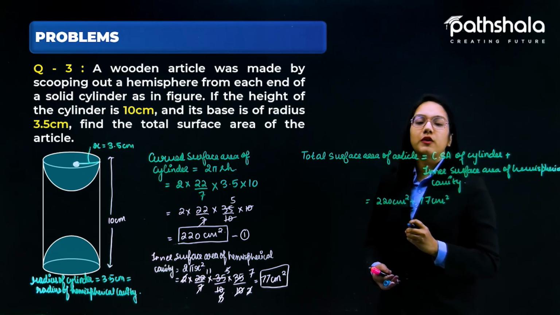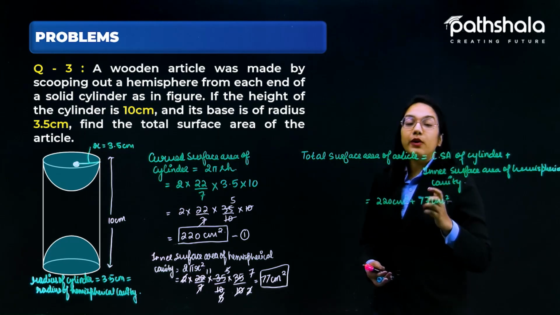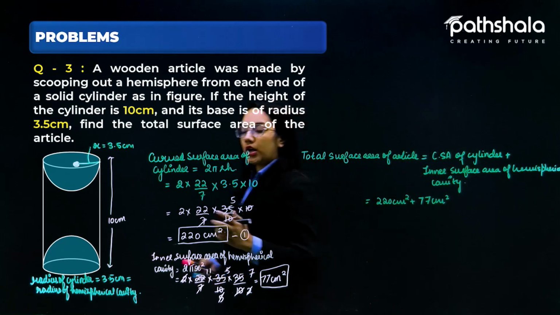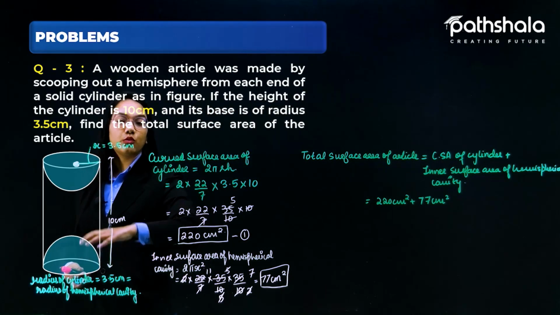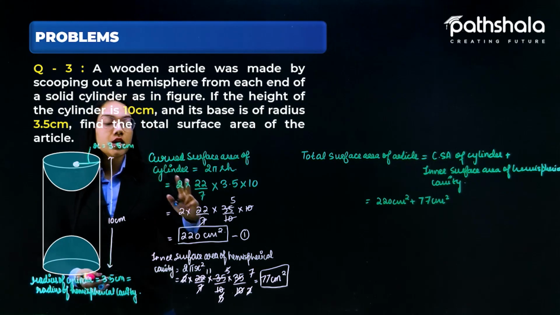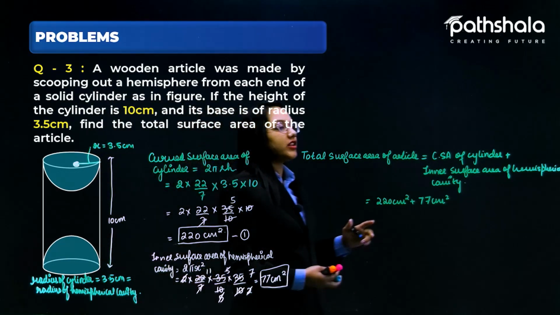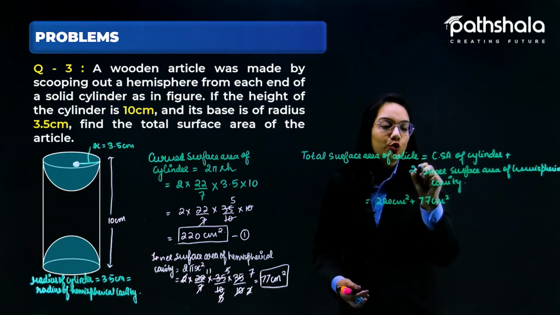Why am I talking about another 77 centimeter square? Because there are actually two hemispherical cavities, one above and one below. It means we have to add the two inner surface areas of the hemispherical cavities, so we are multiplying by 2 over here.